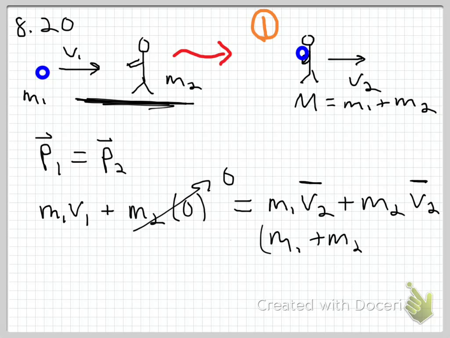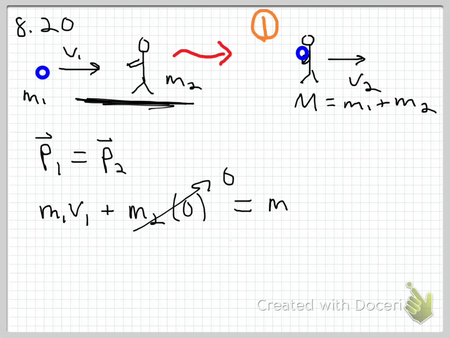I'm actually going to erase it to give myself some room. Of course, you can rewind the video to watch that if you need to. But the total momentum after the collision is just big M v2, for big M defined as we have up here. And v2 is actually what we're being asked to find.